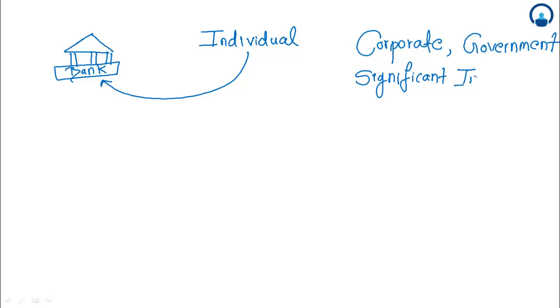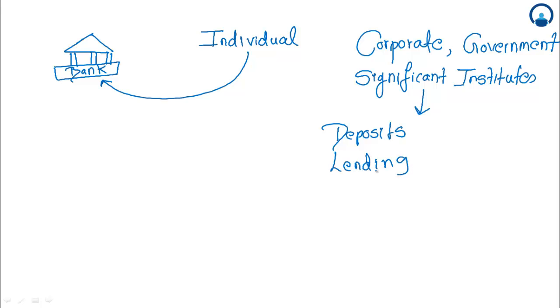So significant institutes, corporates and governments will avail the services of the bank. Now why will they go to a bank? There are various reasons, mainly for deposits or lending or for various e-banking operations.